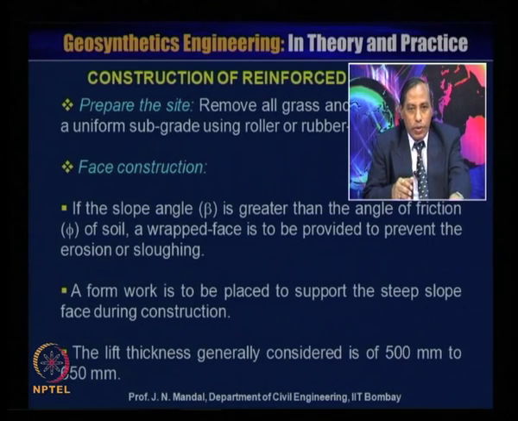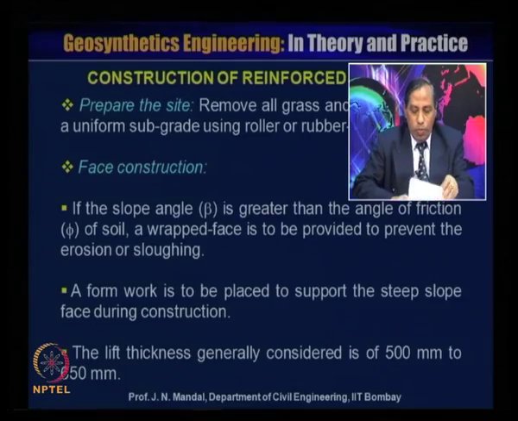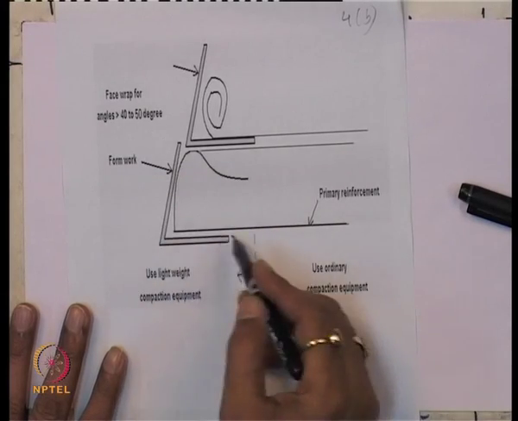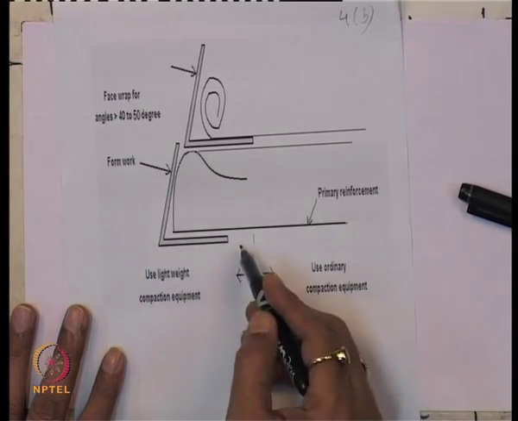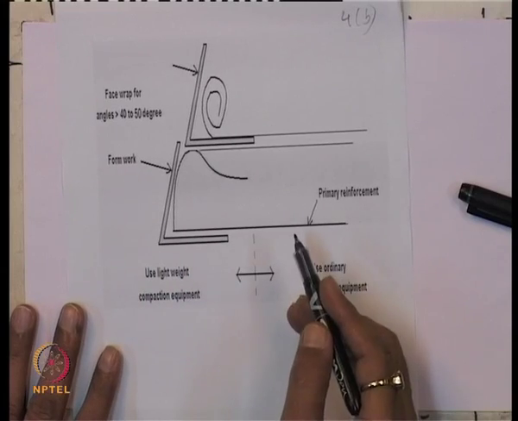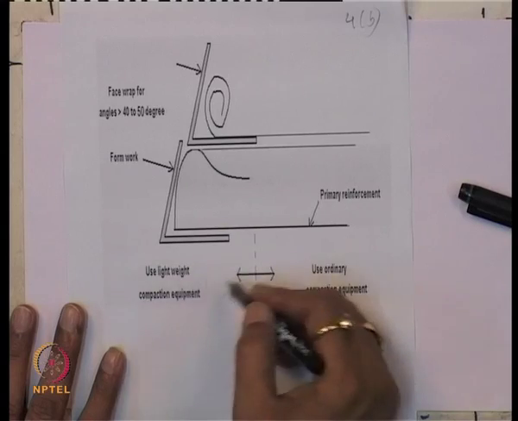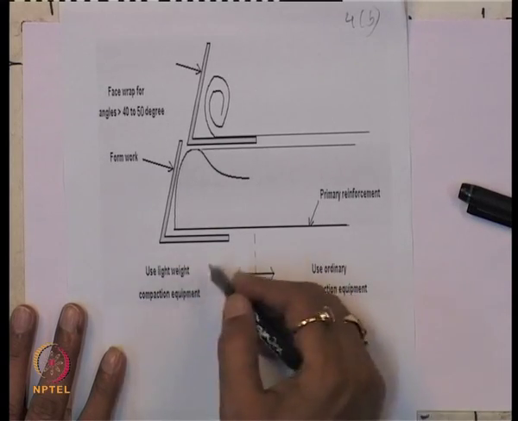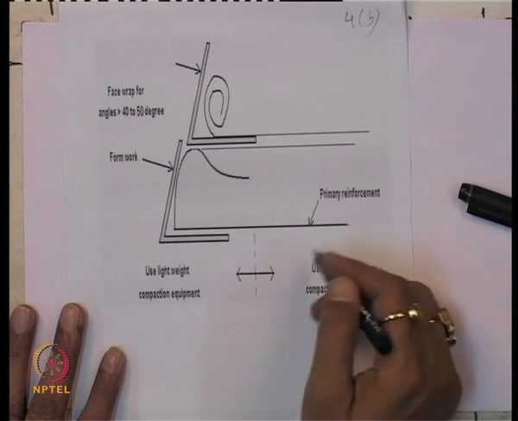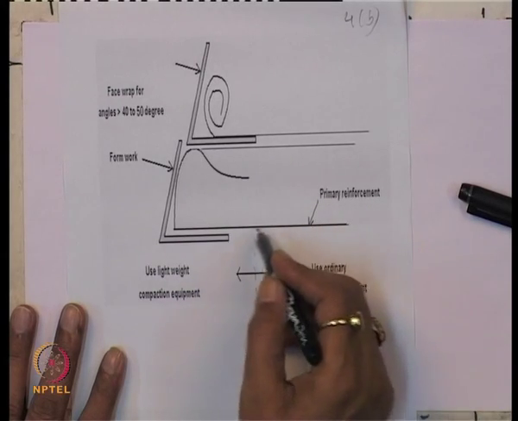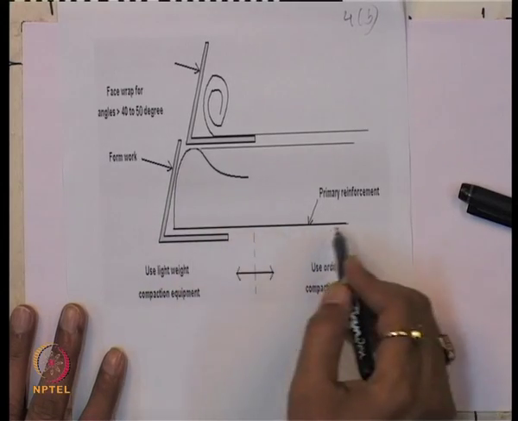So, what is required? You have to provide a formwork like this, this is the formwork. Initially, you have to clean and use light compaction equipment at the base, then ordinary compaction, and then this is the primary geosynthetic material.